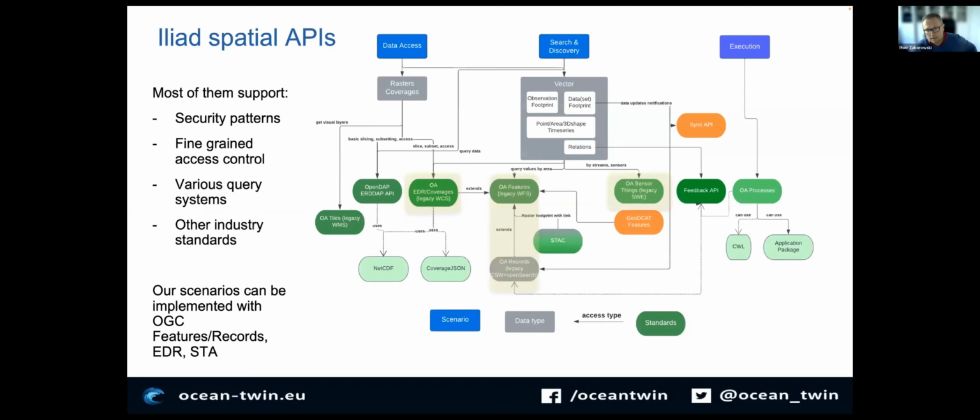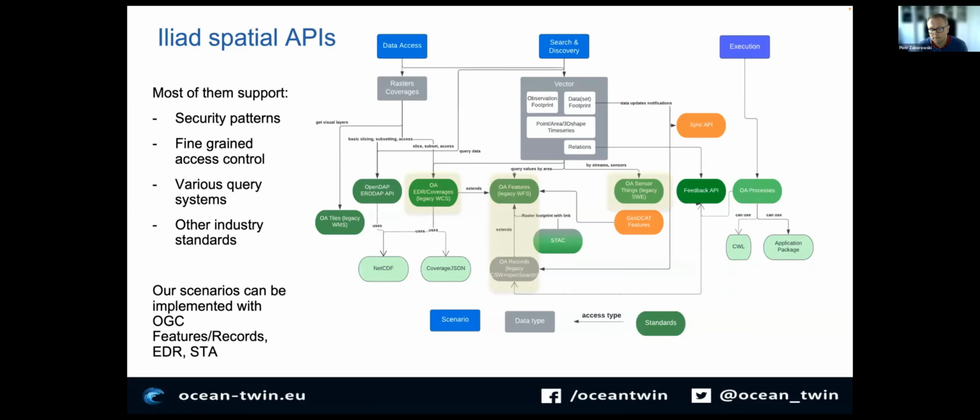So going through different cases from Iliad, this is not the whole picture of the APIs that are in use within the community. I will just now focus on these three cases, meaning features, coverages or EDR, environmental data retrieval, and the sensor things. We have also the others, like OPeNDAP, which are not OGC.